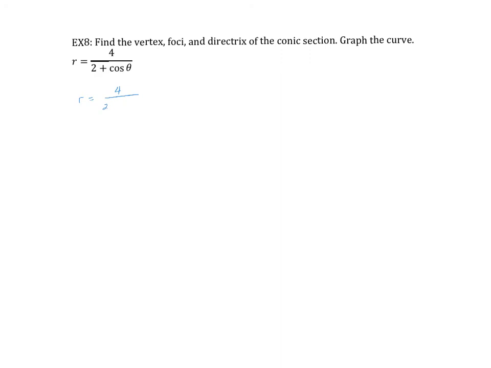That would mean I would factor out the 2 to get 1 plus 1/2 cosine of theta. And then reducing the 2 top and bottom, my equation r is going to be 2 over 1 plus 1/2 cosine of theta.